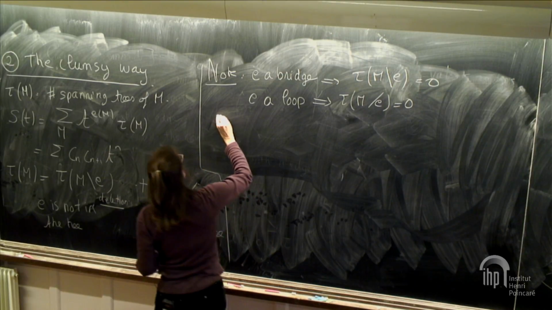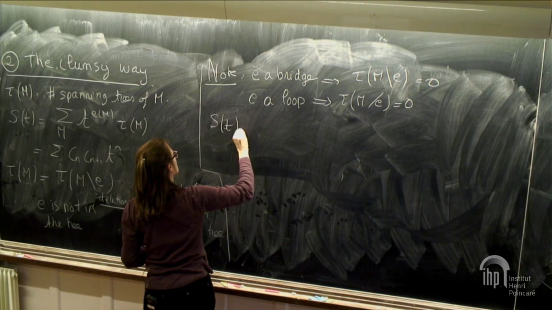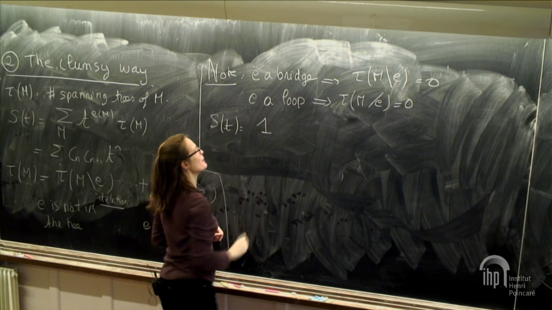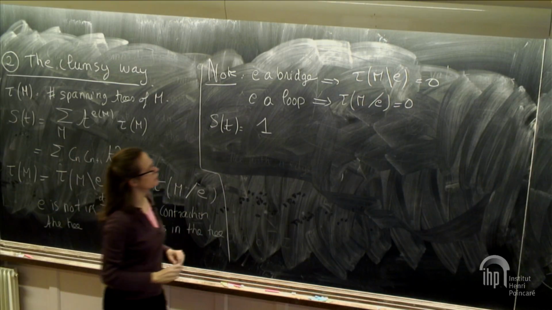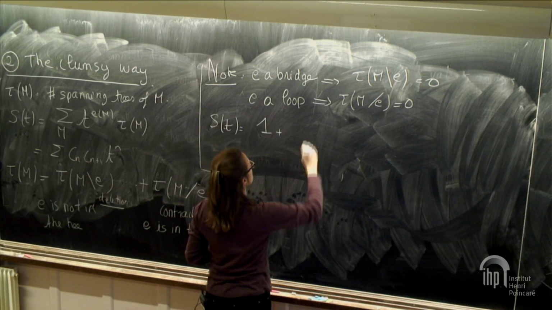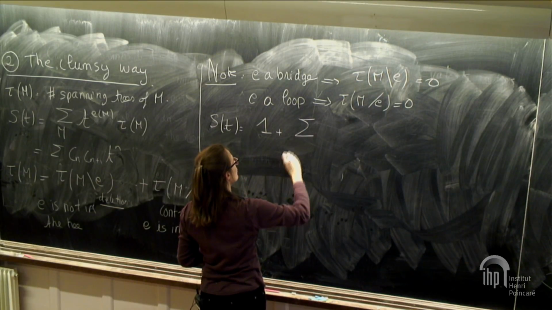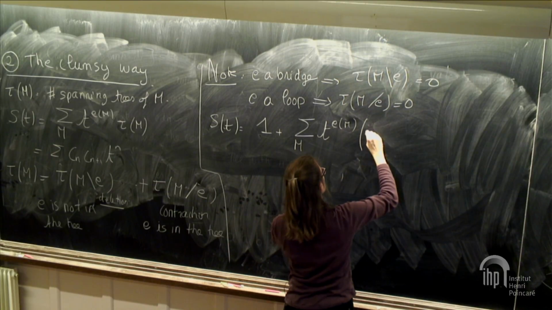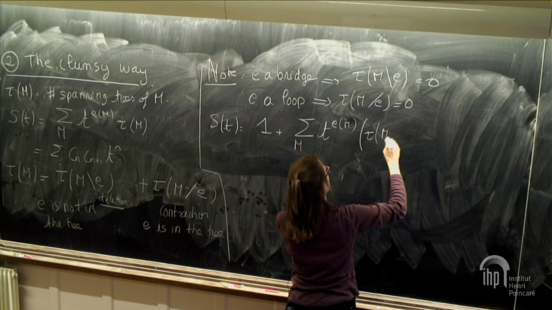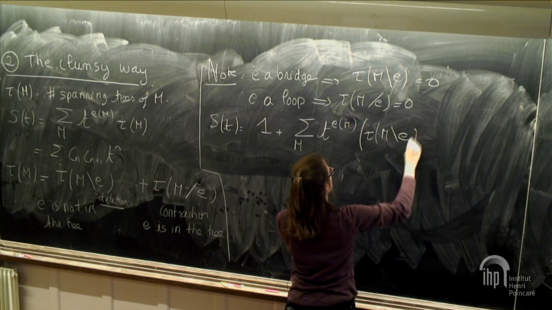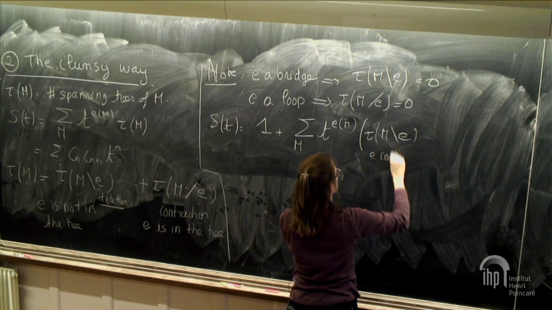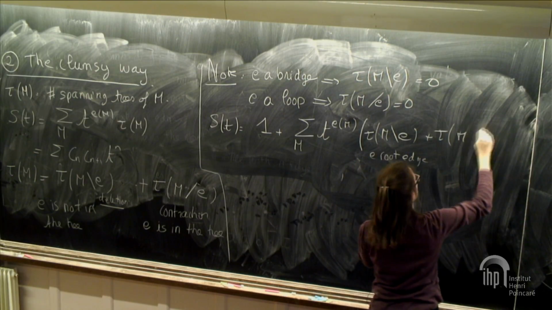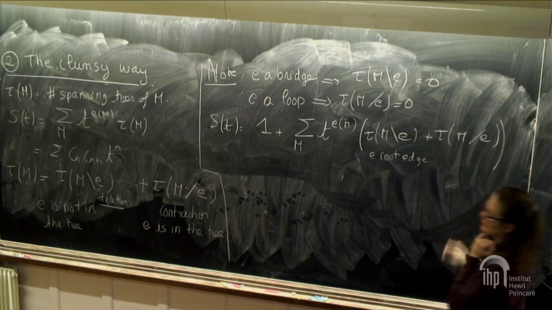Okay, so now we get back to our series, S of t, and we say, well, maybe we have again the atomic map, the map reduced to one vertex, which counts for 1. And then we have the sum for all maps of t to the edge number times the number of spanning trees of M minus e, where now I take e, the root edge, plus the number of spanning trees of M where e is contracted.